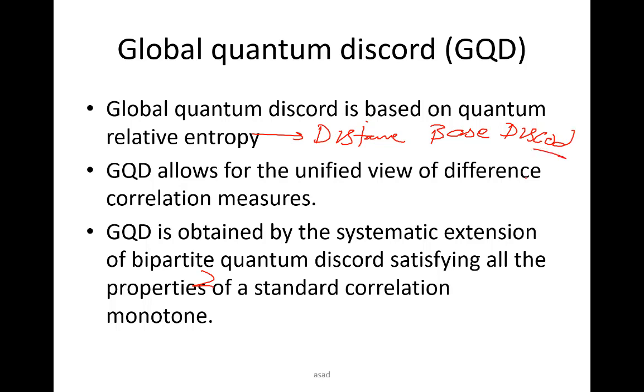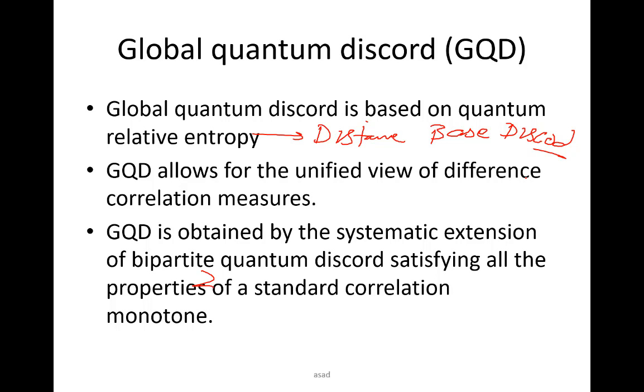It is based on the formula of quantum relative entropy, which is a kind of distance-based information entropy that gives you the separation between two quantum states. If the states are more separated, then the discord is large. So quantum relative entropy gives you the distance-based discord, you can say.